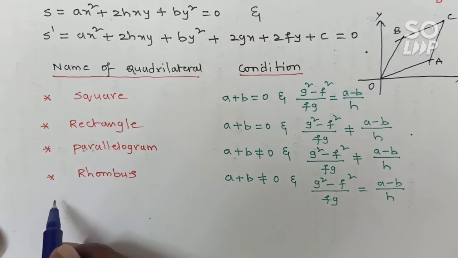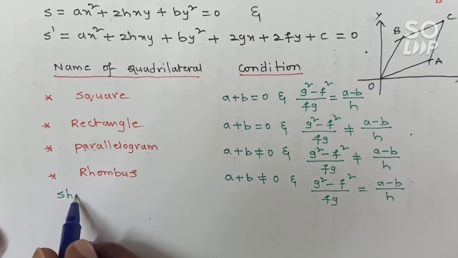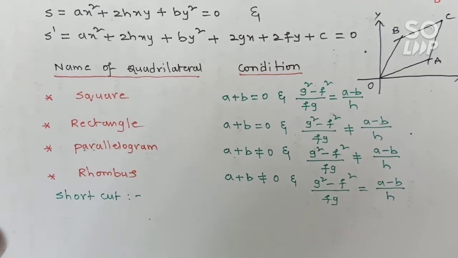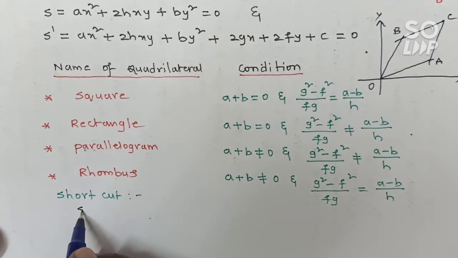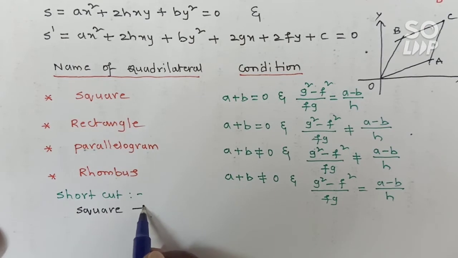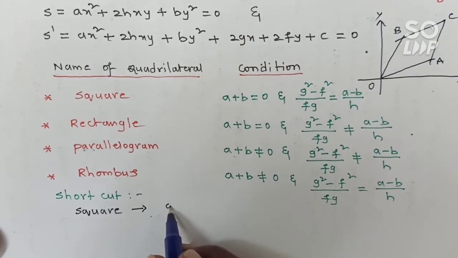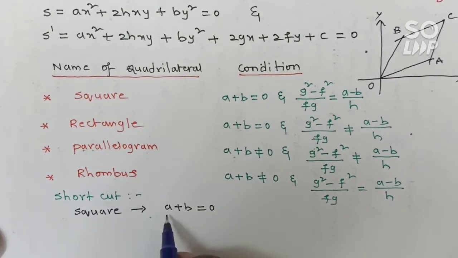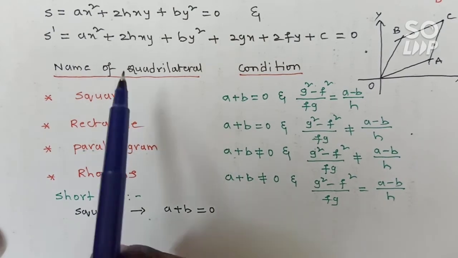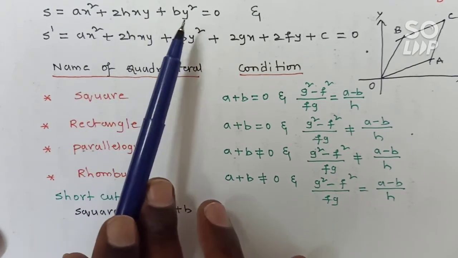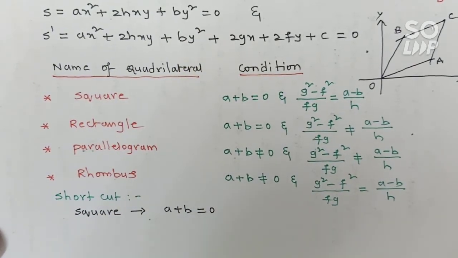See here, I will write the shortcut formula. The first one is the square. To represent a square, the first condition is a + b = 0. Here a and b are the coefficients of x² and y² in the above equations.